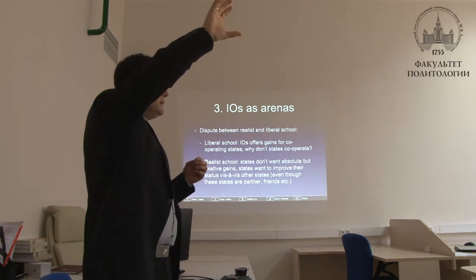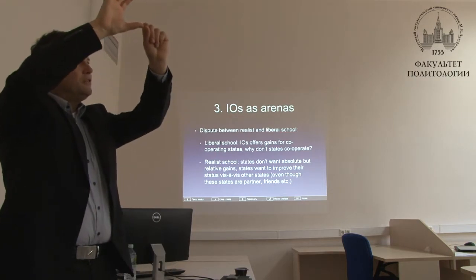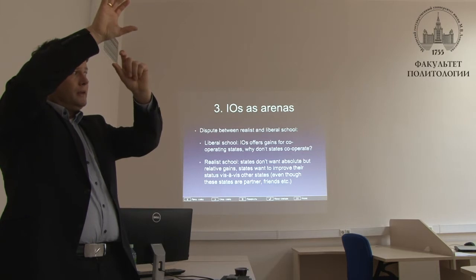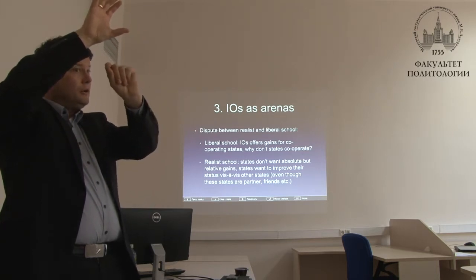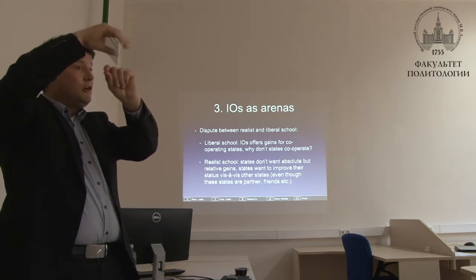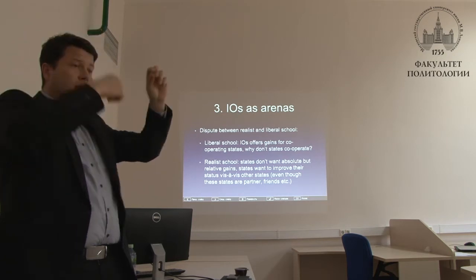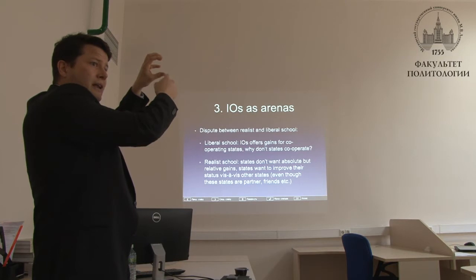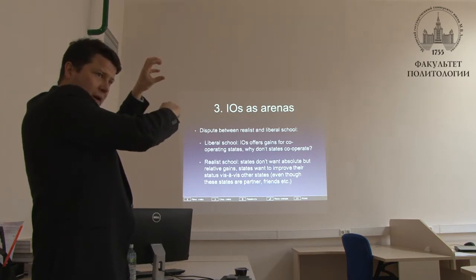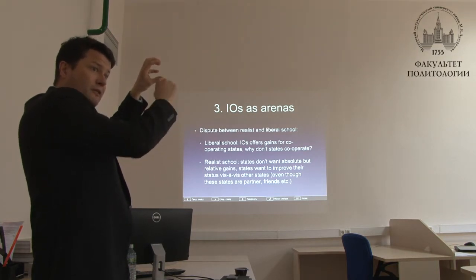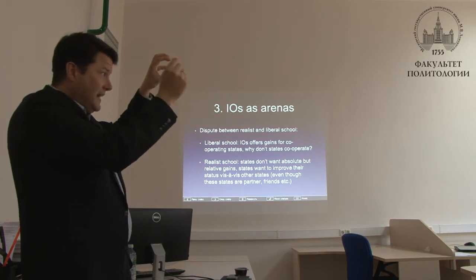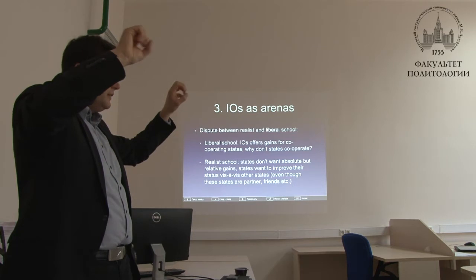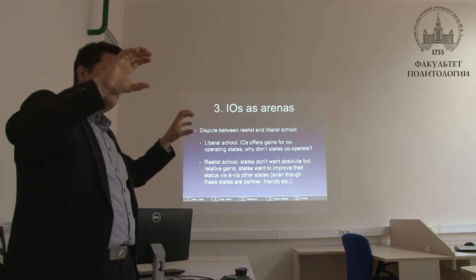Then state A, without cooperation, is 20, with cooperation is 30, right? Because plus 10. This is how the cooperation increases the gain for the state. State B had the power of 10, now has the power of 20, right? Because both states are gaining plus 10. It was 20, 10 first, now it's 30, 20.